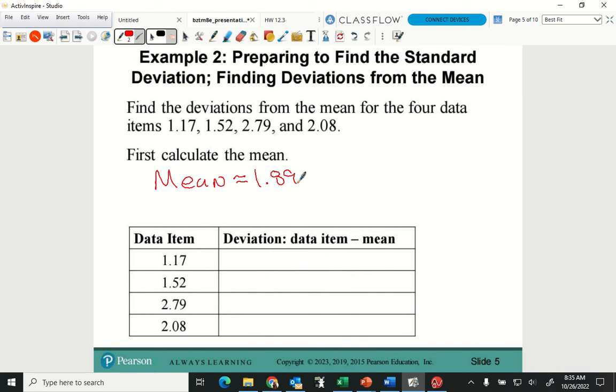All right, so the deviation is my data item minus the mean. As I fill this box out, it is 1.17 minus 1.89.